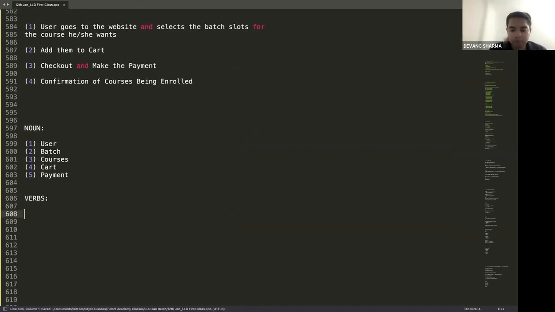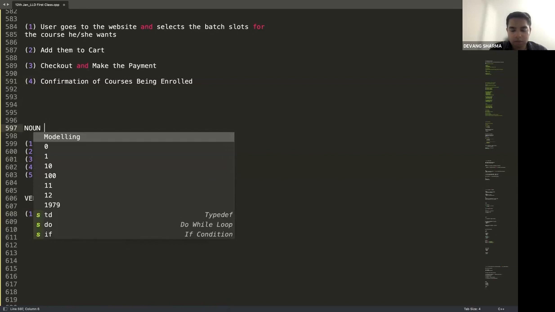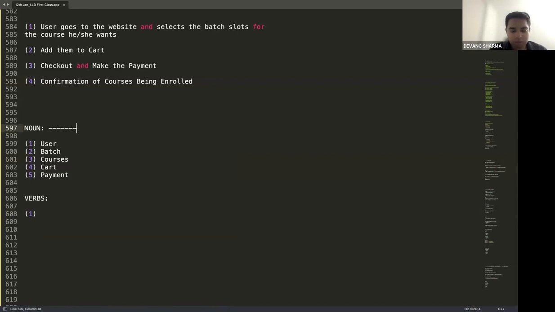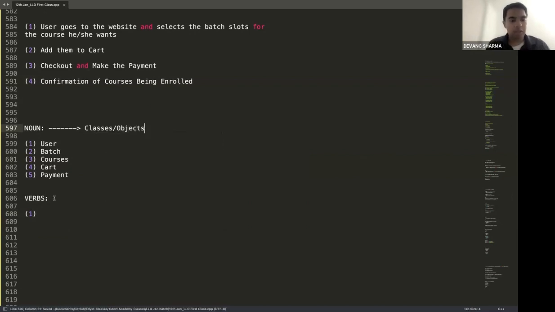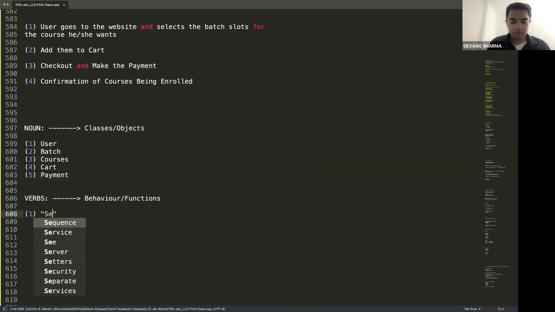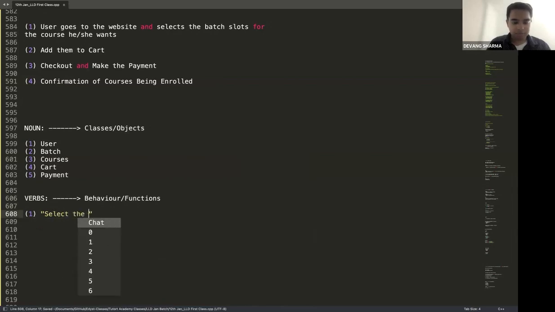What about the verbs? Let me highlight. Nouns represent the classes or the objects. Basically, classes will be converted to objects. And verbs represent the behavior or the functions. What behavior do we see? Number one, select the courses. That is one behavior.